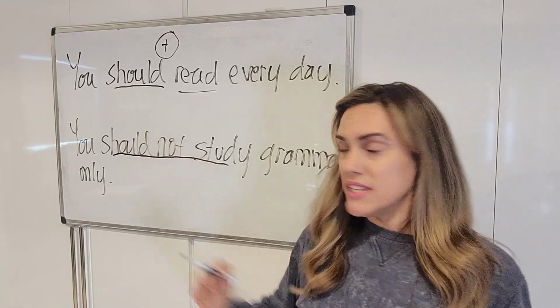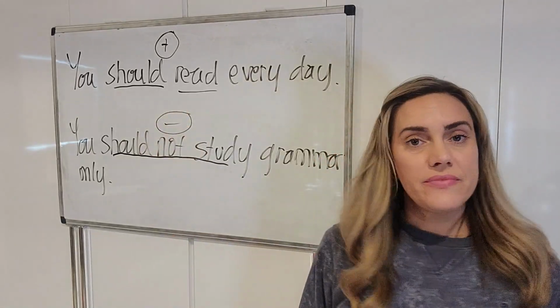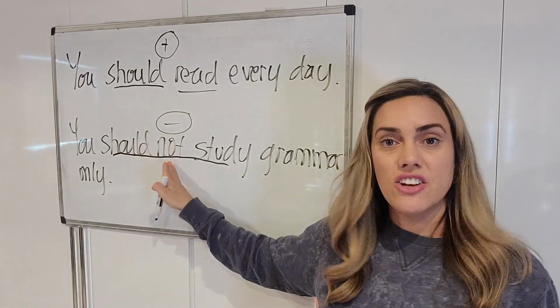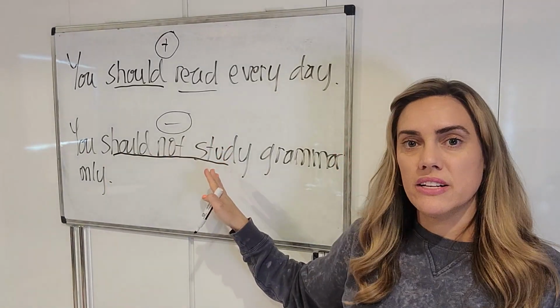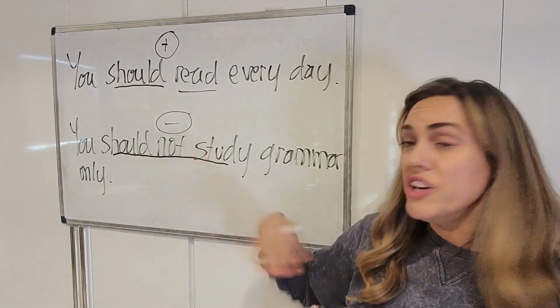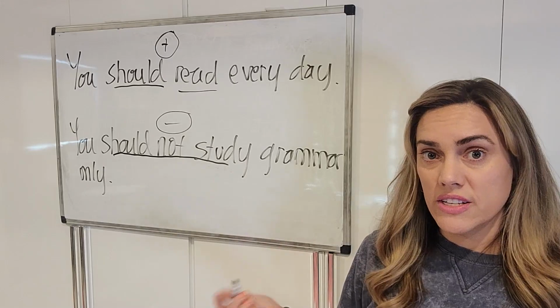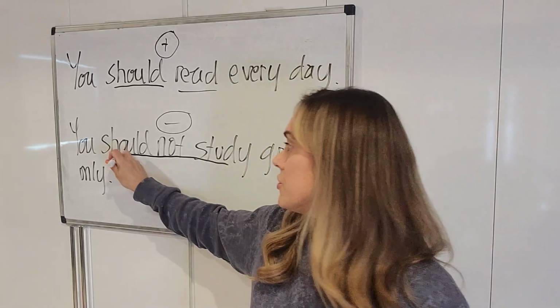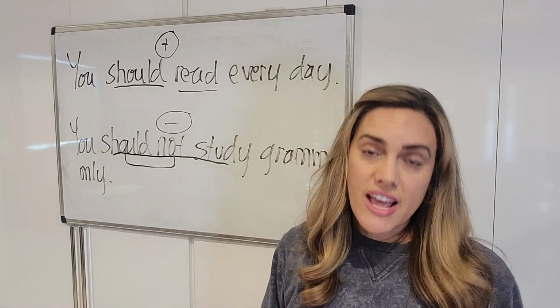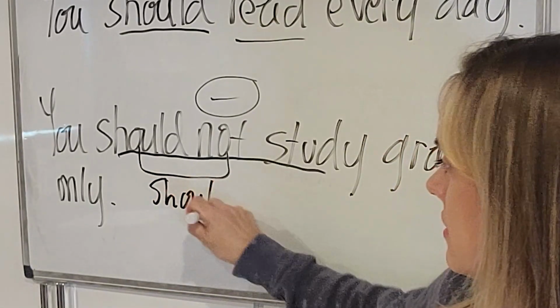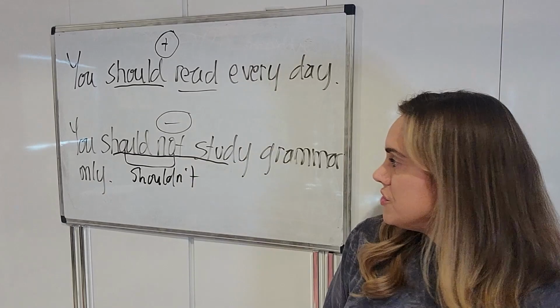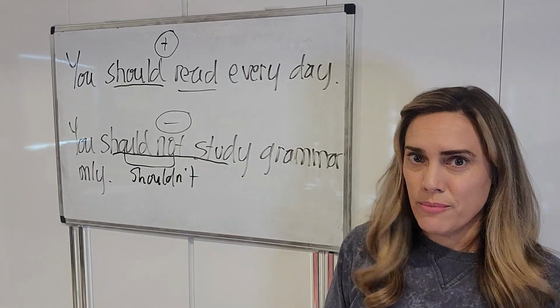But here, notice it's negative. We have should plus not. Not comes right after should, and then the base form of the verb. When you're talking, of course, you want to say it faster, so you should make a contraction and say shouldn't. You shouldn't study grammar only.